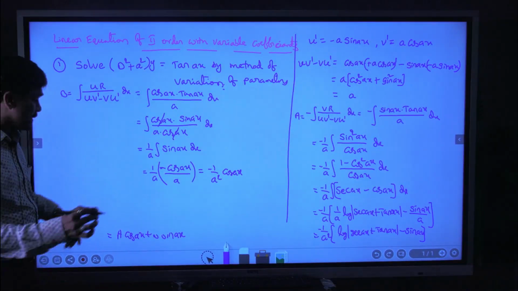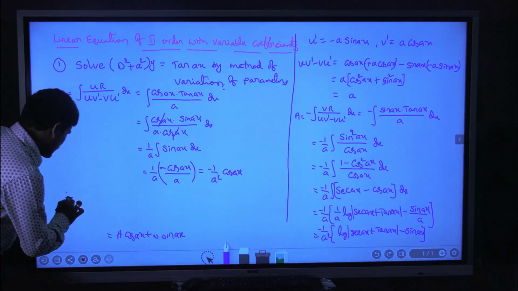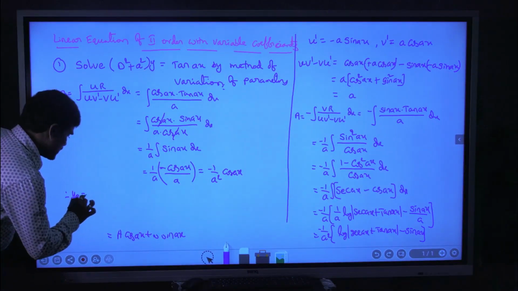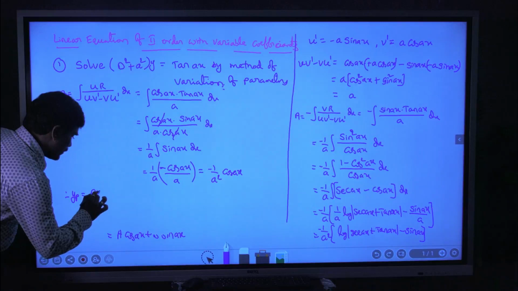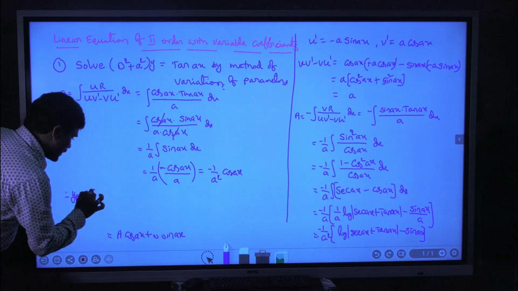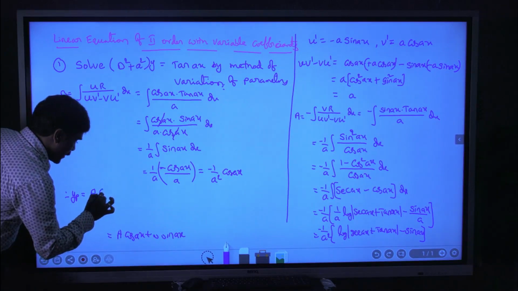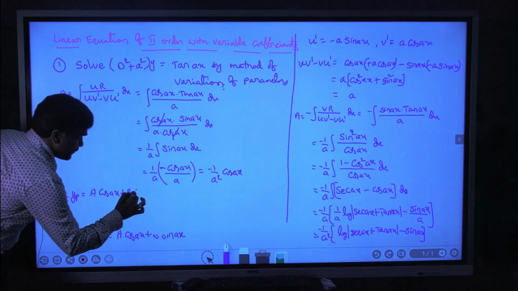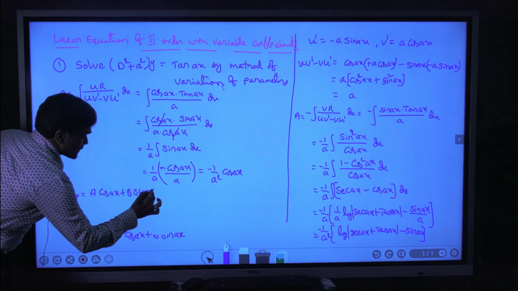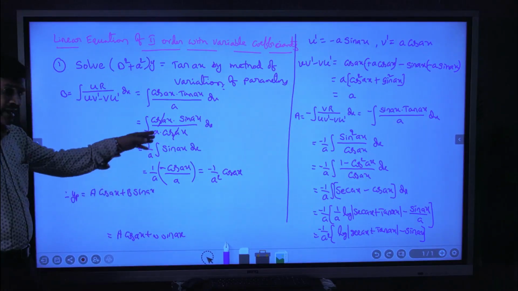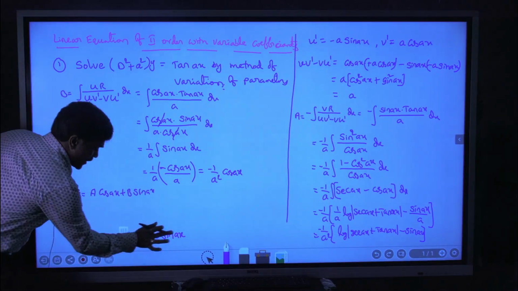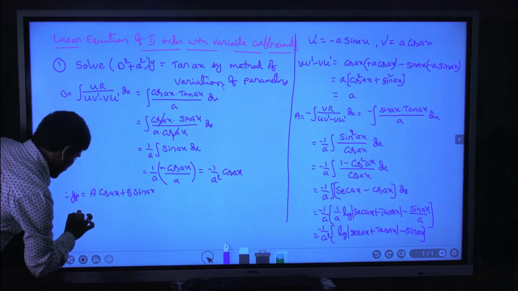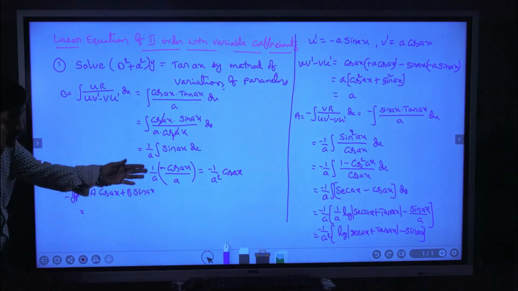Now with A and B, write the particular integral. What is the particular integral? The particular integral yp is A u plus B v, where u is cos ax and v is sin ax. Now substitute A and B in this yp. What is A here?